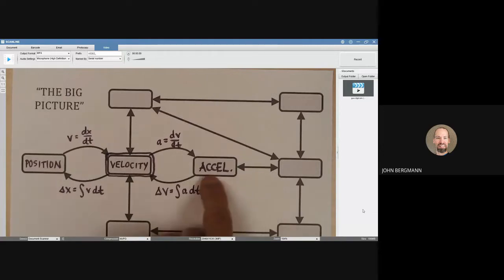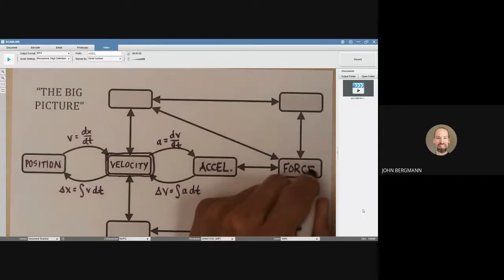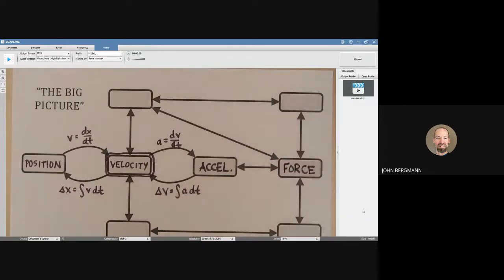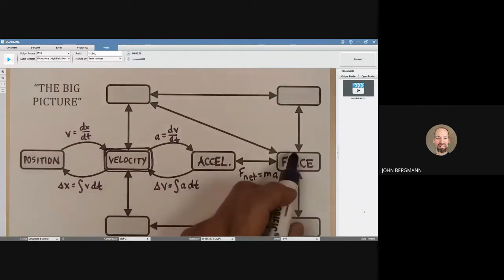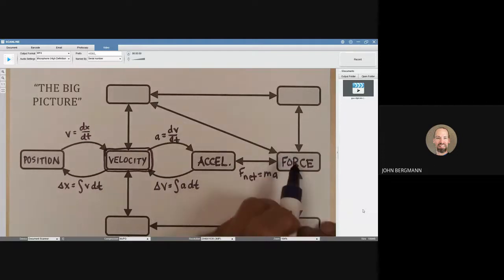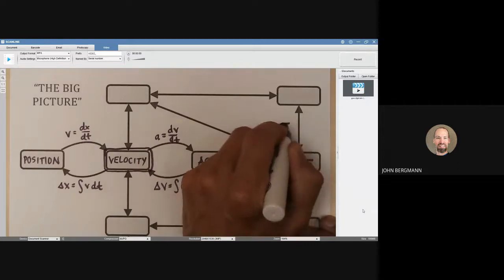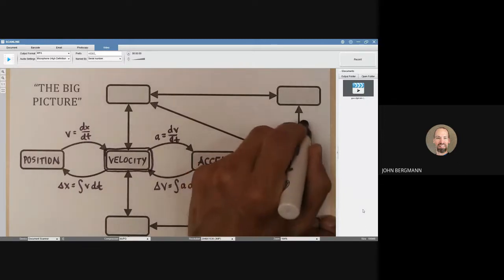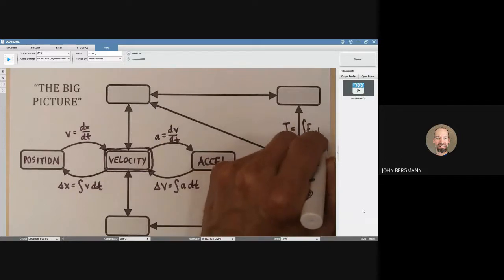If you know the acceleration, and let's say you know the mass of the object, then you could find the net force by Newton's second law. If you know the force on an object, and you know how much time elapses in terms of the force acting, you can get another quantity, which we haven't run into yet, but we will.